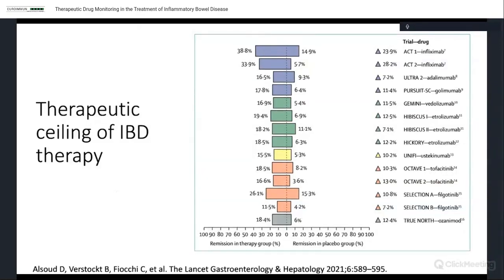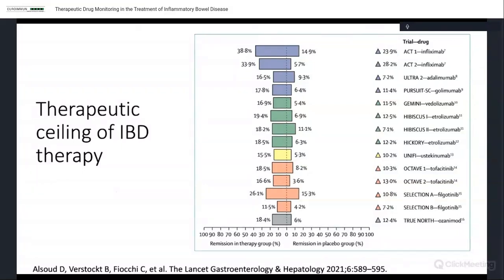So here, this graphic represents the therapeutic ceiling of IBD therapy, and it shows clinical remission rates for ulcerative colitis across recent clinical trials for biologic drugs and some new small molecules. And so the remission rates in the treatment group are on the left, and in the placebo group are on the right. And on the far right, it shows the delta between these two rates.